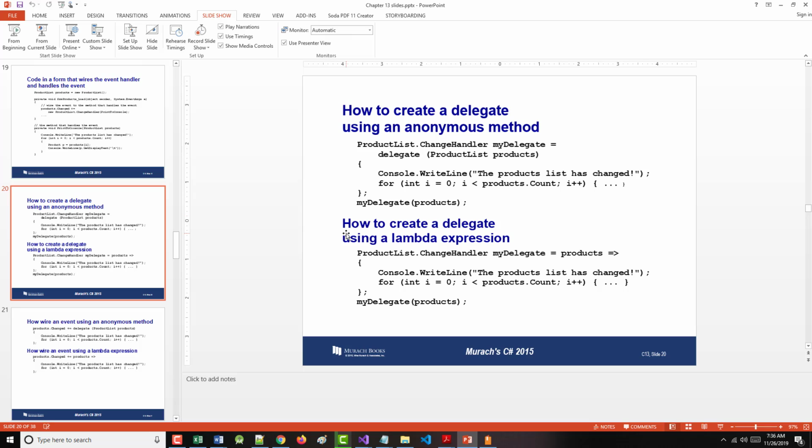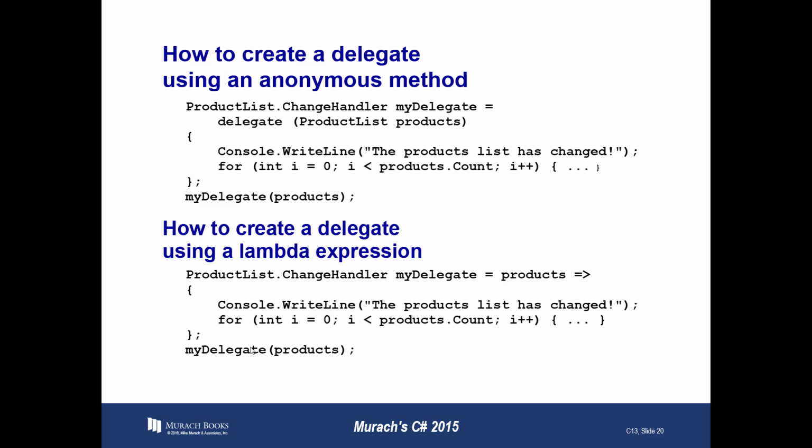So there's a couple ways. We were talking about delegates, and they mention here there's a couple different ways that you can create delegates. Again, this looks similar, of course not identical, to when we did stuff like this in JavaScript and we used an anonymous function. Here we're using an anonymous method, so it's a method that doesn't have a name.